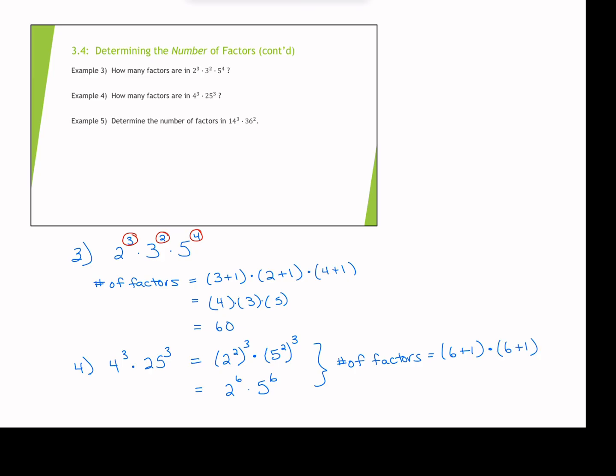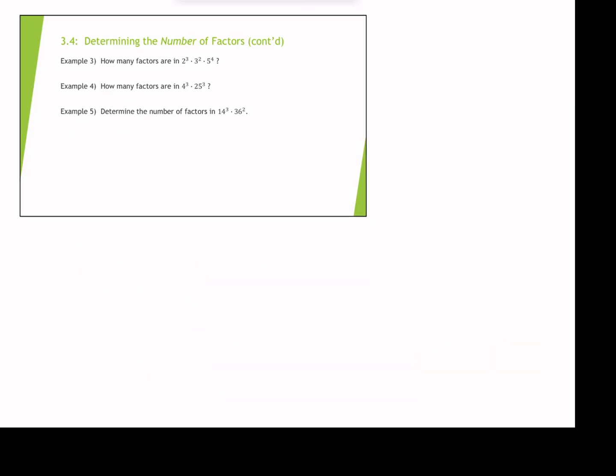So 6 plus 1 is 7. 7 times 7 gives us a total of 49 factors if we were to determine what all of the factors are for that large number. Notice I'm not even calculating what that large number is, because all we're after here are really the determinations of how many factors you would have if we asked you to list them.